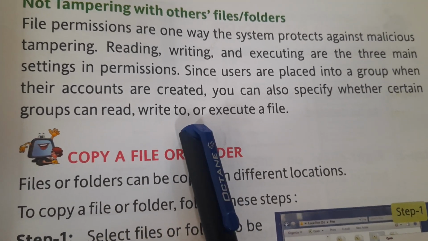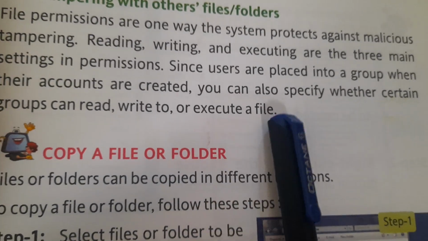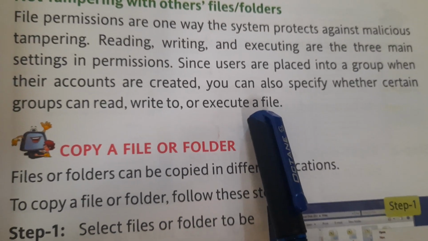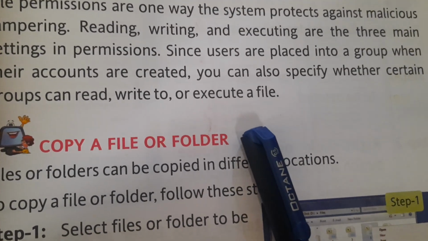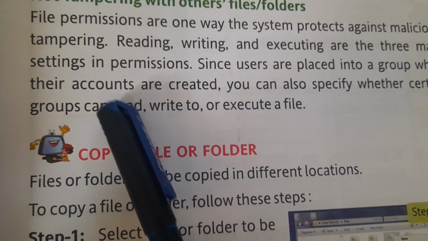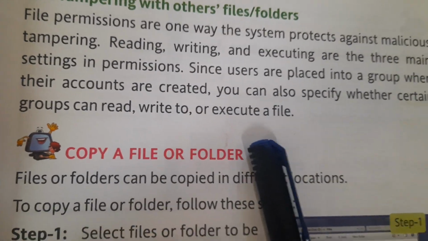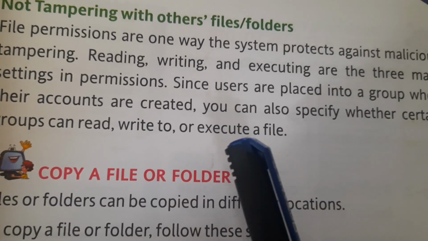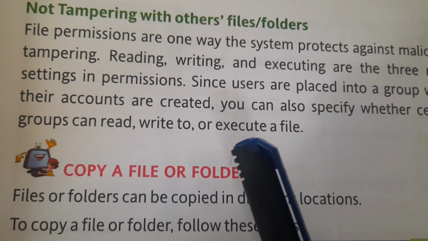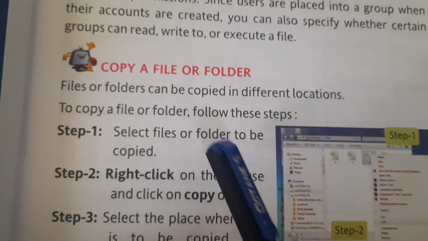If we think that they need to write also, we can allow. And if we think that they can execute also and they will not cause any damage to the system, then we can set this permission also. Okay, so this is how file permissions work and they are very essential because they protect our system. This is one of the very good ways of protecting our system.